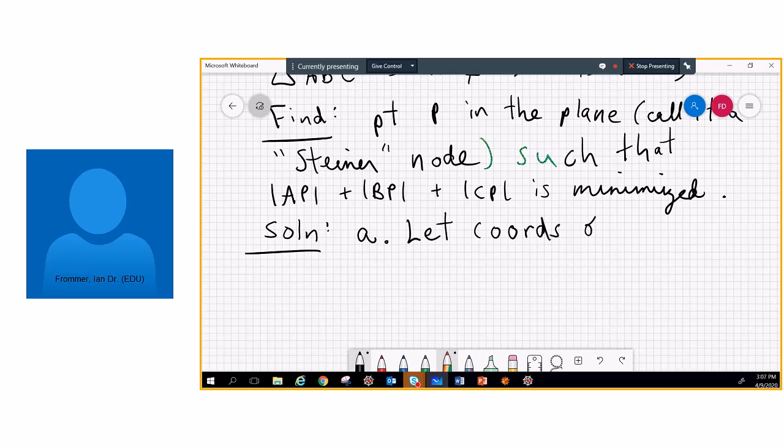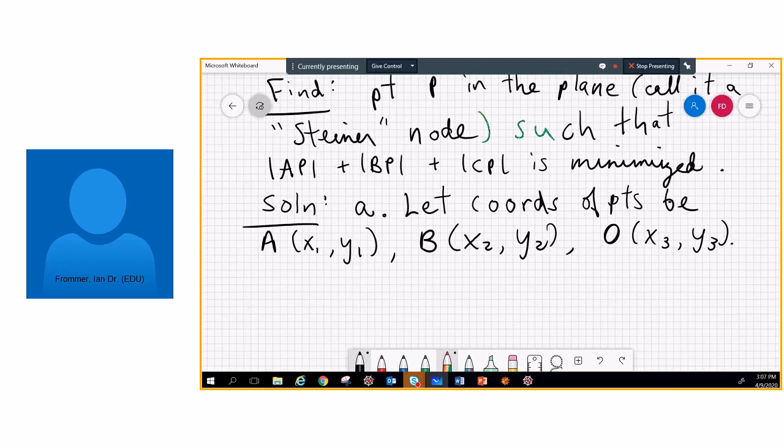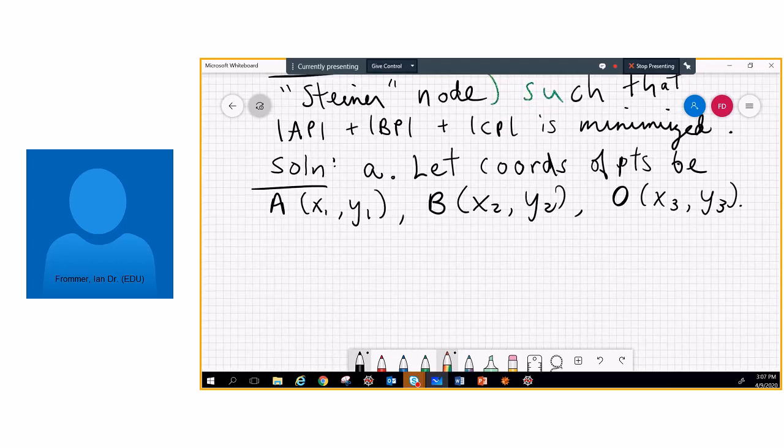Let the coordinates of the points be, for A, we'll just call it x1 and y1. For B, we'll call it x2 and y2. And for C, we'll call it x3 and y3.